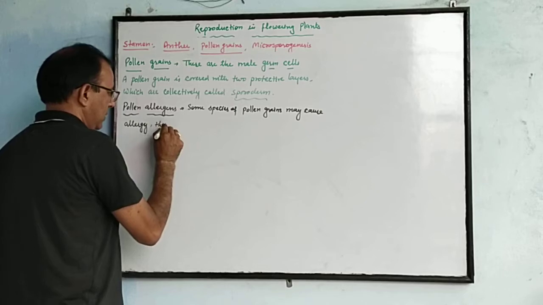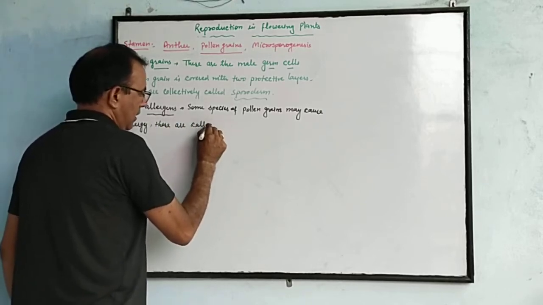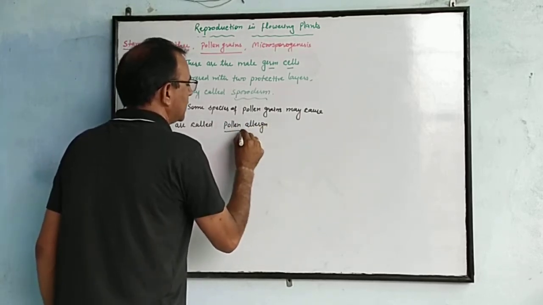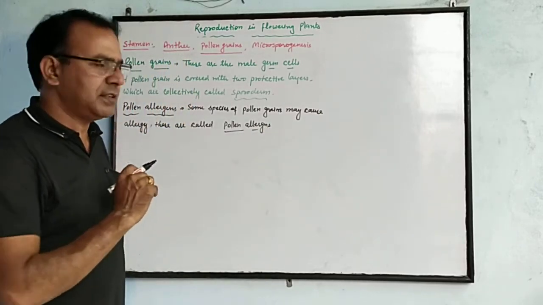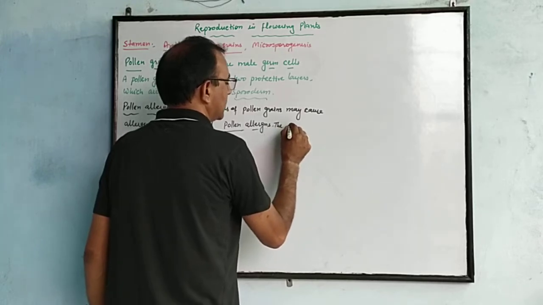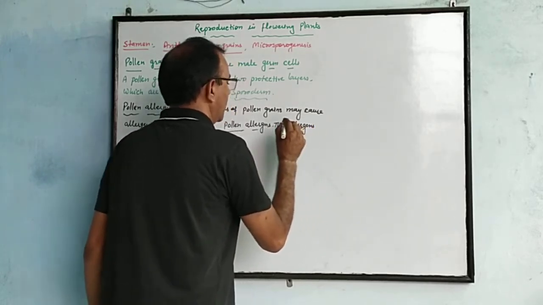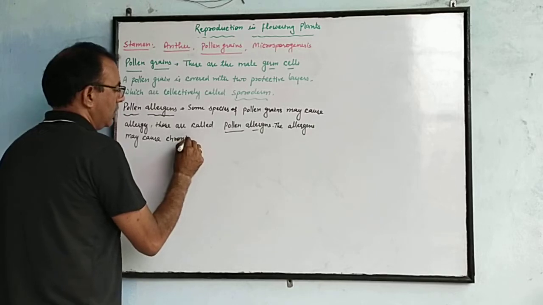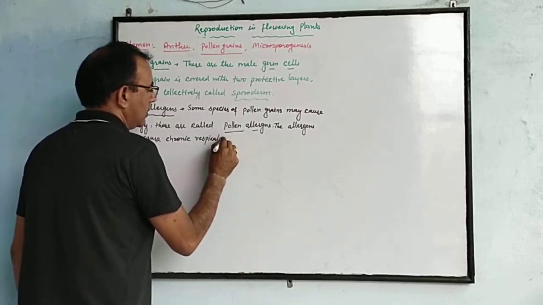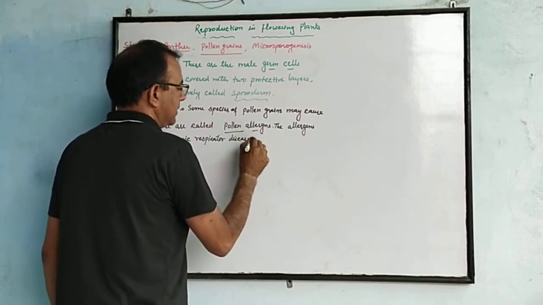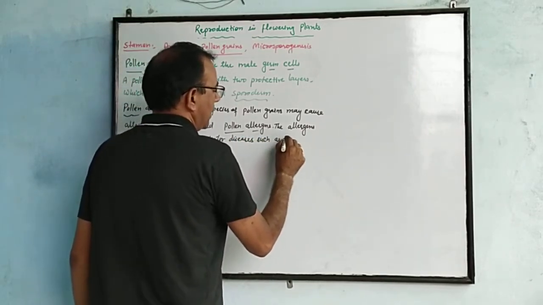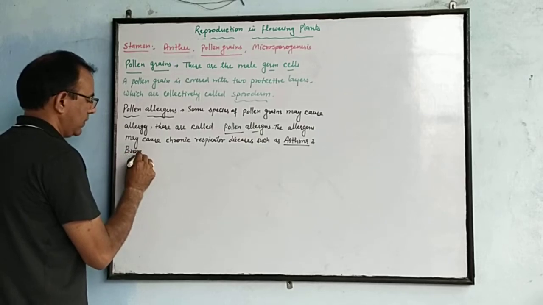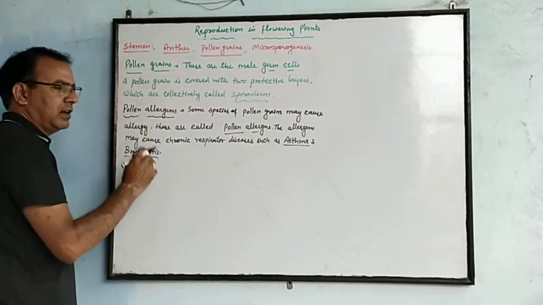They may cause many chronic respiratory diseases such as asthma and bronchitis. So these are known as pollen allergens.